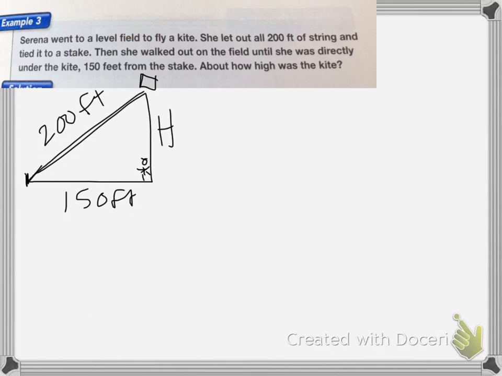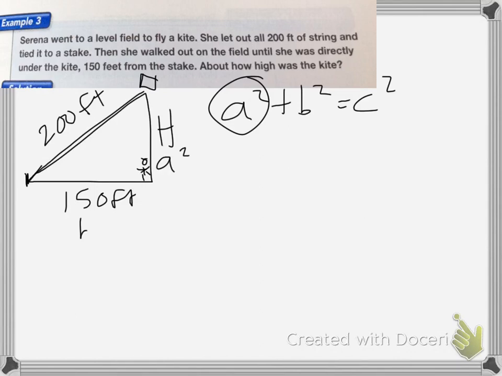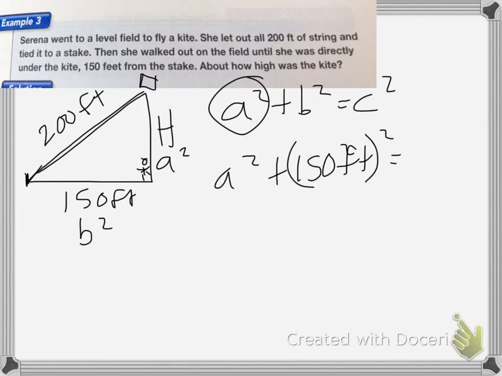Okay, so we're going to use the Pythagorean theorem to figure out what the height of that stake is. So that's a squared plus b squared equals c squared. Well, I don't know what a squared is, because that's going to be this side. B squared is my base, so that's going to be a squared plus 150 squared, or feet squared, equals 200 feet squared, because the hypotenuse is always c.